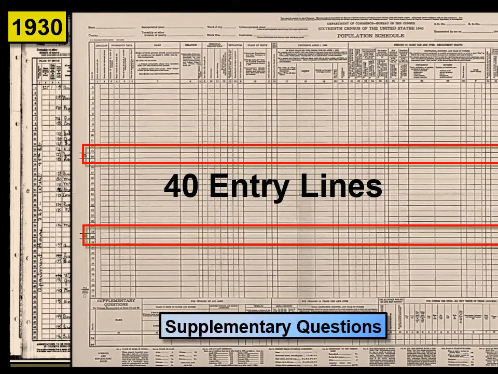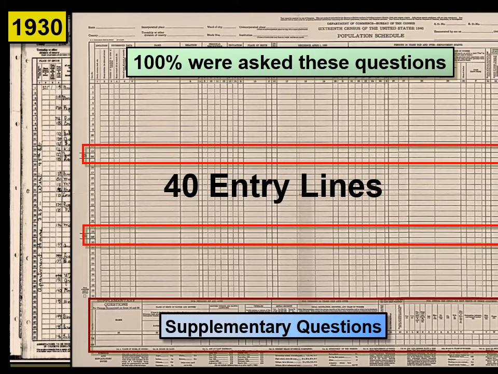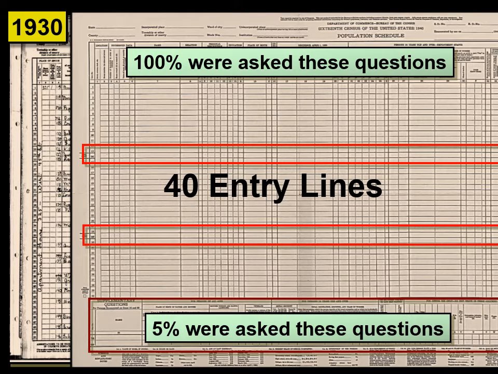If a name fell on one of those 2 lines, they were asked the additional questions. So in 1940, the Census Bureau went to a sampling scheme where everybody was asked the questions on the top that pertain to them, and then an additional 5% of the people were asked additional questions.